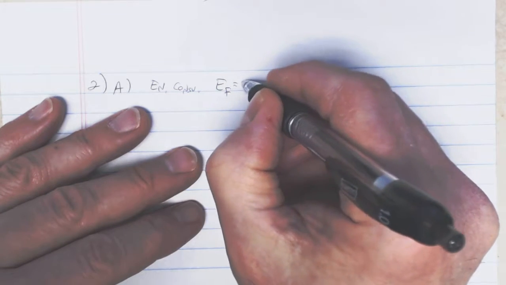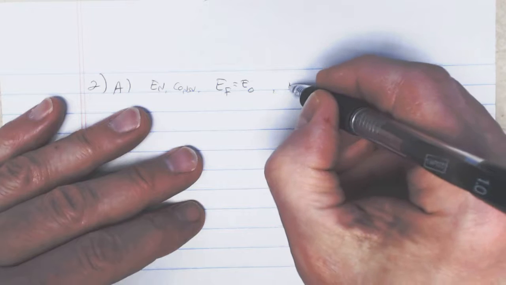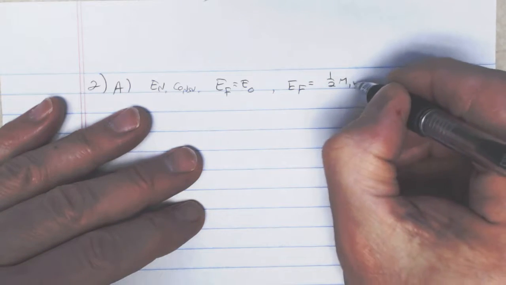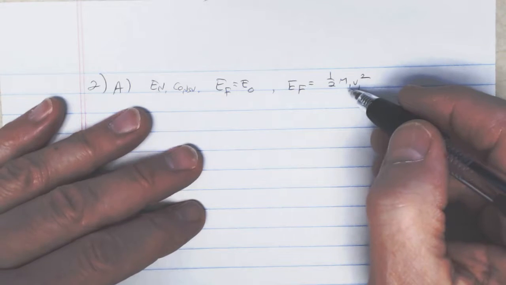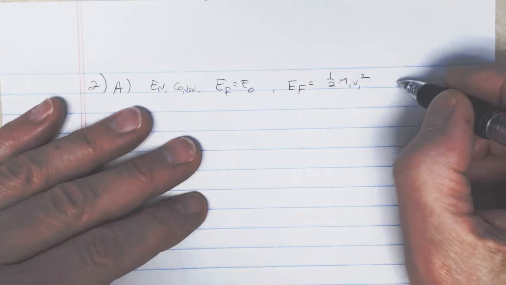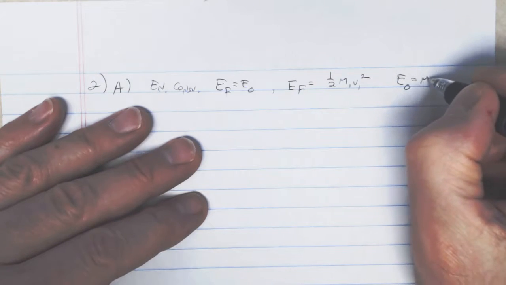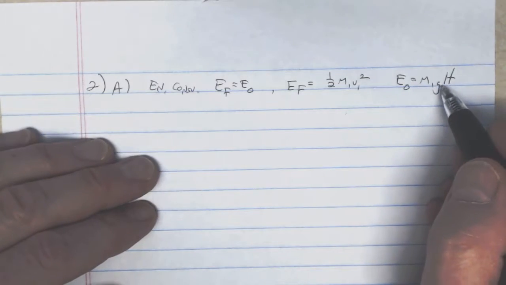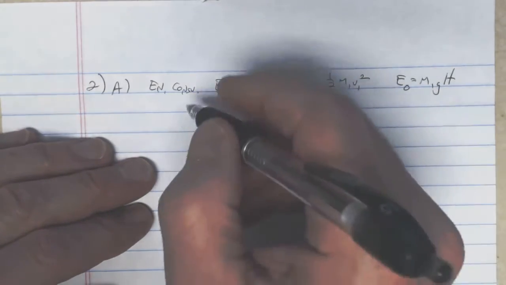E final equals E naught, with E final equal to kinetic energy, 1/2 m v1 squared, assuming we define gravity's potential energy to be 0 at the bottom of the ramp, which then means that E naught equals m1gh, because M1 has a potential energy of gravity of m1gh at the top of the ramp.